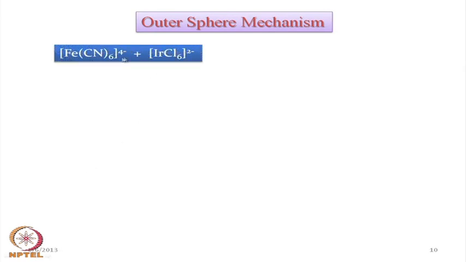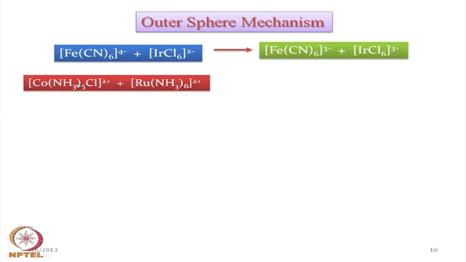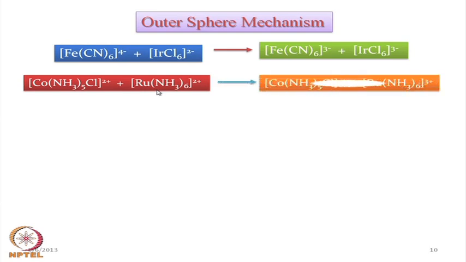If we see that two species are involved in an outer sphere reaction, they can go for the corresponding electron transfer: one is getting oxidized and the other is getting reduced. Similarly, the cobalt center and the ruthenium center can go for a transfer of electron between these two.